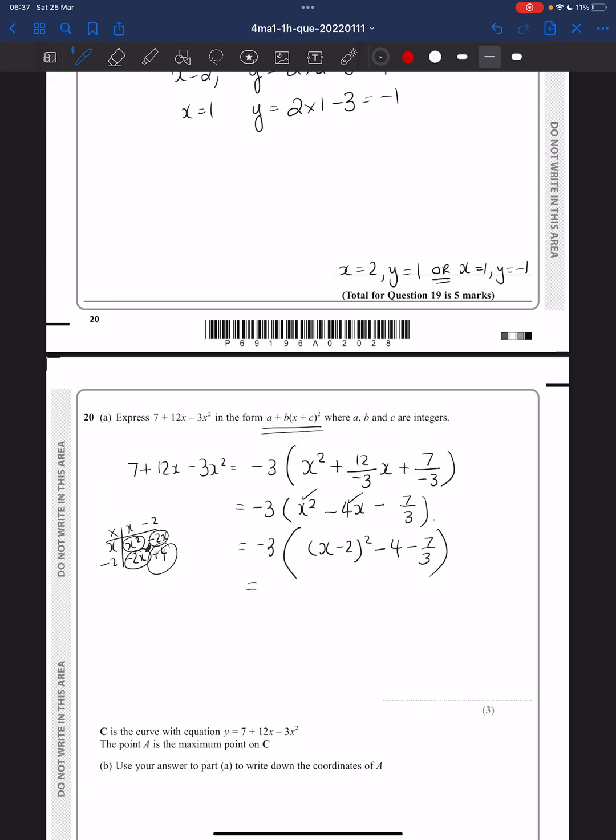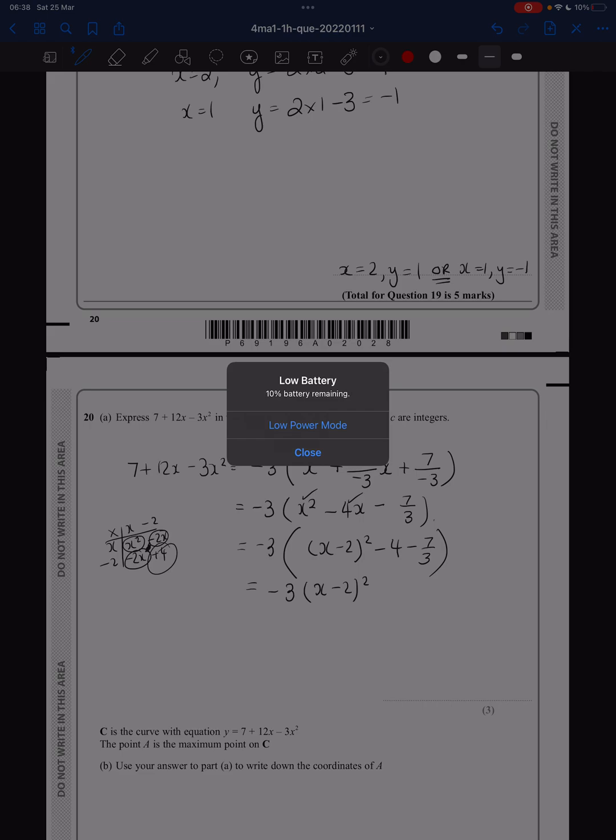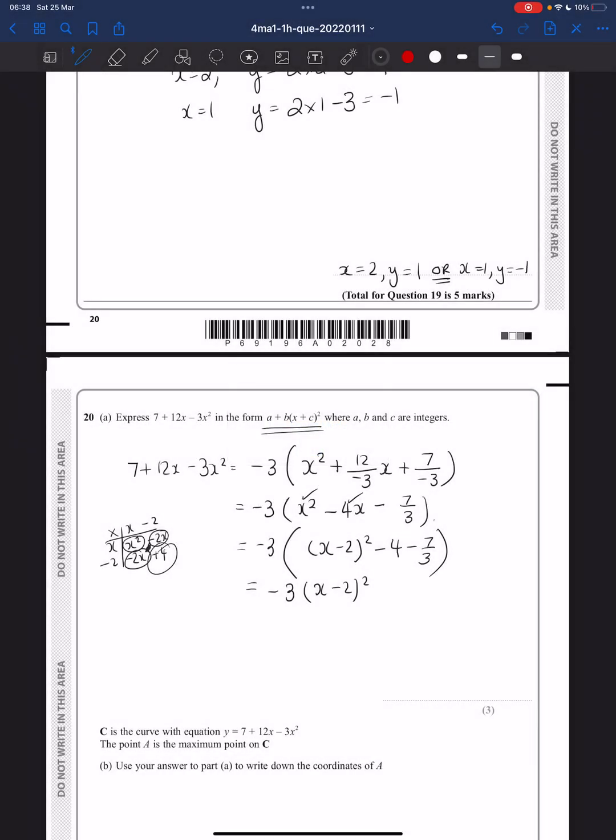Right, so this now I'm going to multiply back through by minus 3. So it's minus 3 (x minus 2) squared, and then minus 3 times minus 4 is plus 12, and then minus 3 times minus 7 over 3 is plus 7.